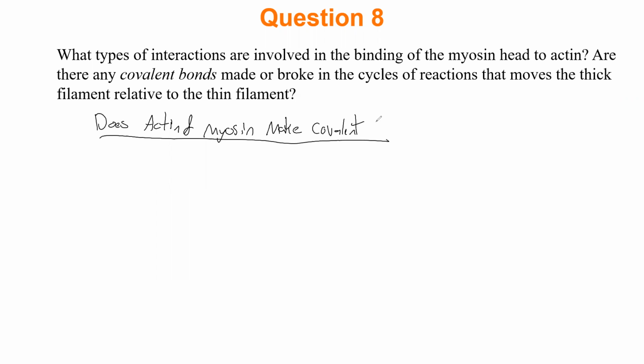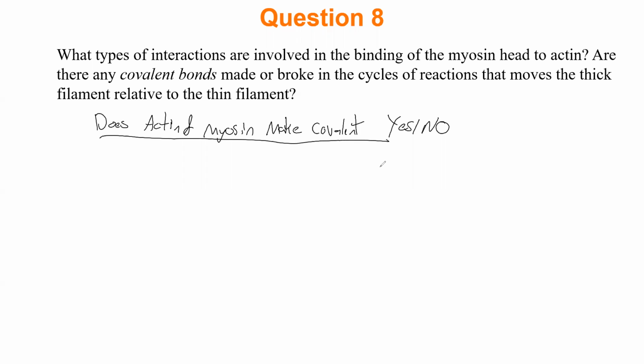When actin and myosin interact with each other, do they make any covalent bonds? Yes or no? So feel free to put that in chat for me. Do you think when actin and myosin are interacting, are they making covalent bonds? What do people think?